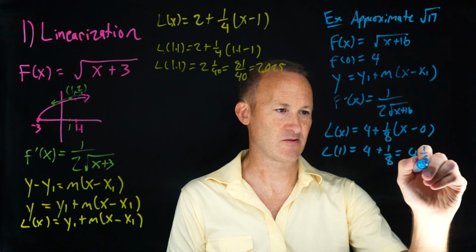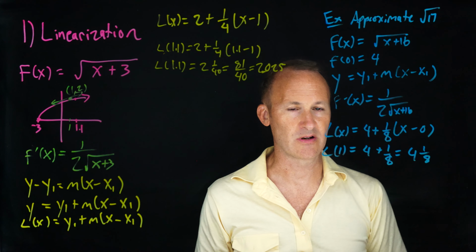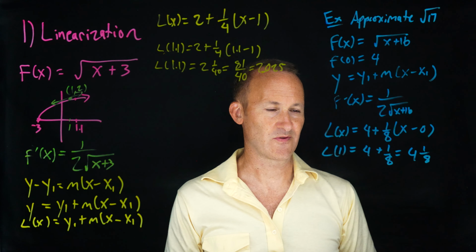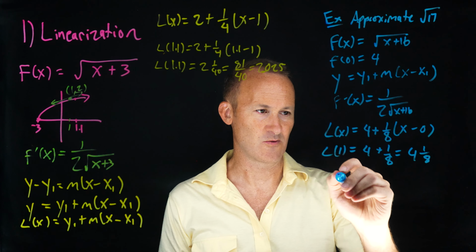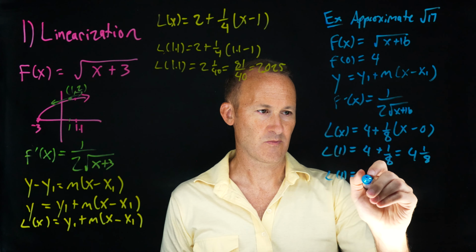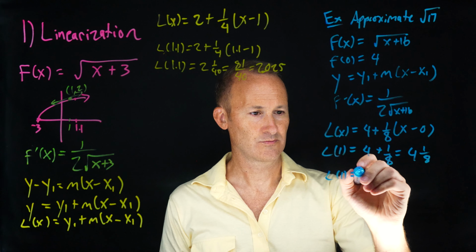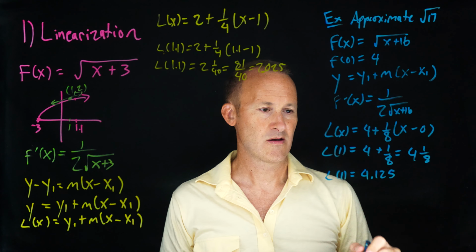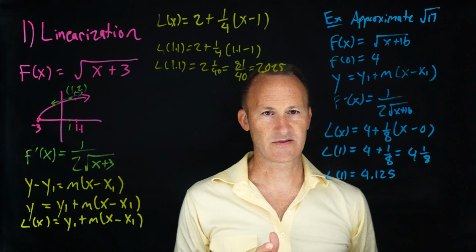I say 4 1/8 because if you want the decimal expansion, you know your 1/8, I believe it's 0.125, and so we get that this equals 4.125. Okay, so it's not bad.